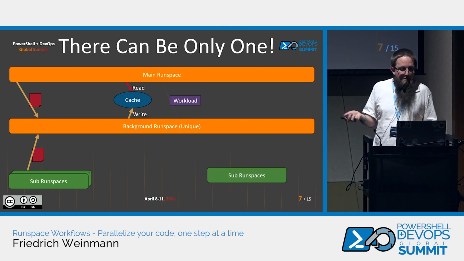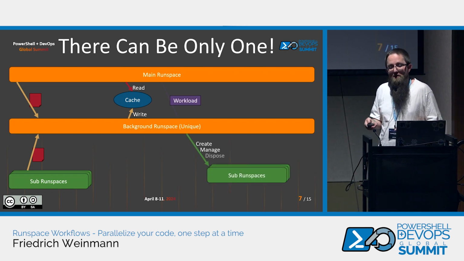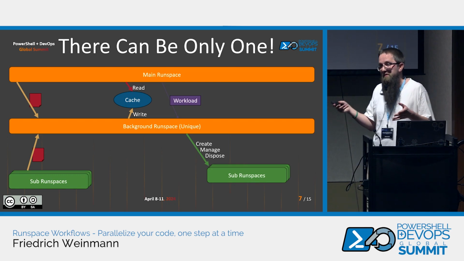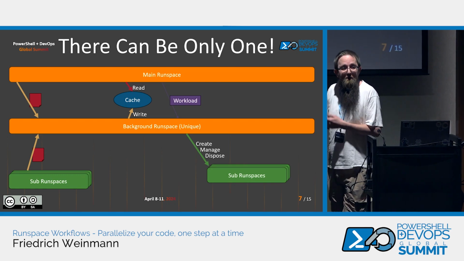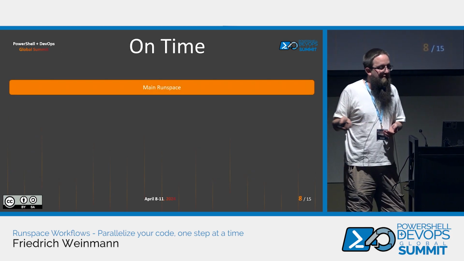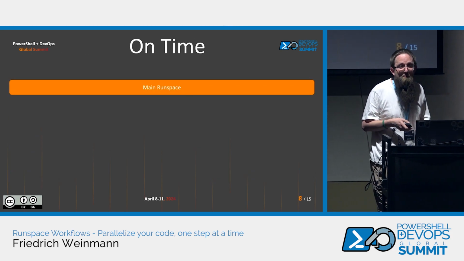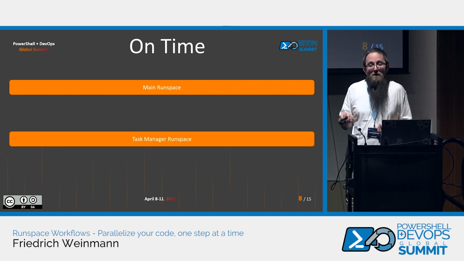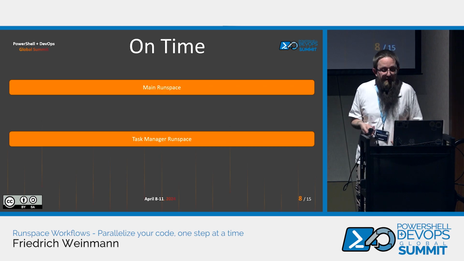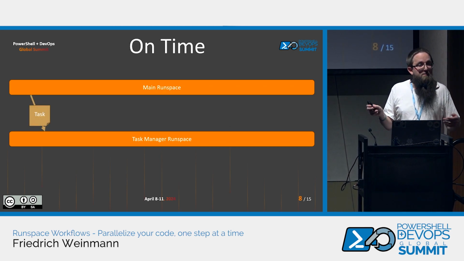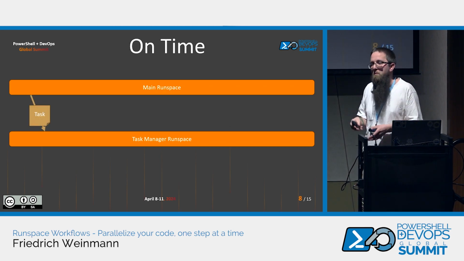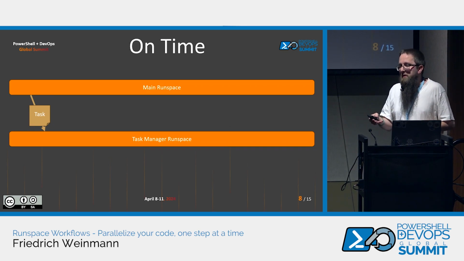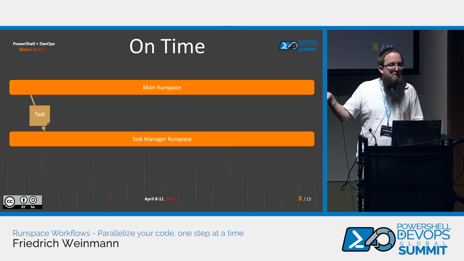Another thing we could be doing is sending workload tasks and then have the unique main Runspace act as a task scheduler kind of thing, which incidentally is the other pattern that I occasionally encounter, where we have a task manager Runspace that is supposed to be a unique Runspace, and other Runspaces submit tasks to happen whenever we want to do it, either on a schedule, or I've got a main Runspace that wants to clear out some temp data.